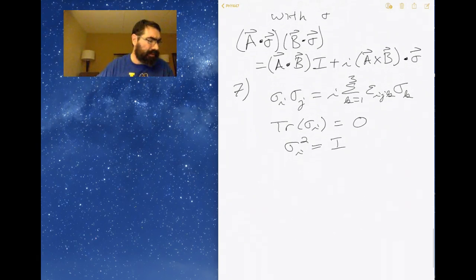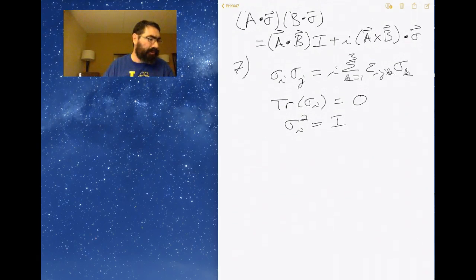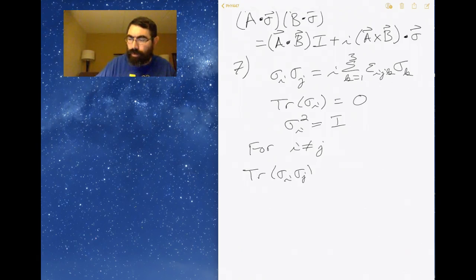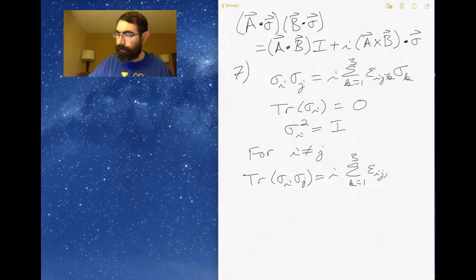Now I can write down that for i not equal to j, the trace of the product of any two matrices is going to be equal to i times the sum of the trace of that Pauli spin matrix.